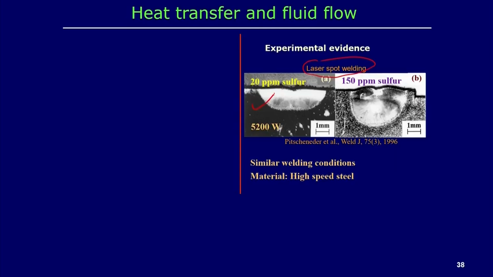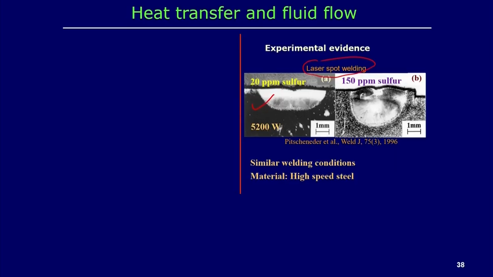That means the depth of penetration is low, the aspect ratio is very low, and the width is very high. But in the presence of 150 ppm sulfur, for similar material and similar welding conditions, that means similar laser power and laser spot diameter, there is a drastic change in the weld pool profile. We can see that in this case the penetration depth is very high and the width is low.